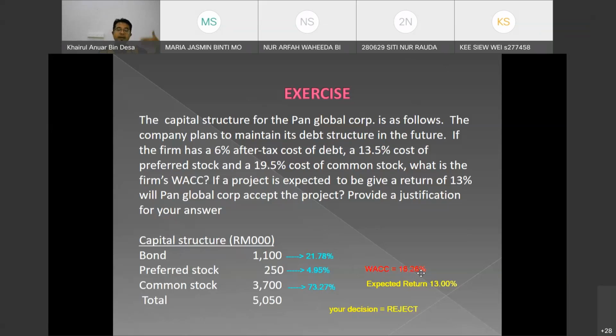We need minimum return. But this project only gives us 13.00%, which is less than what we hope. So we reject this proposal.